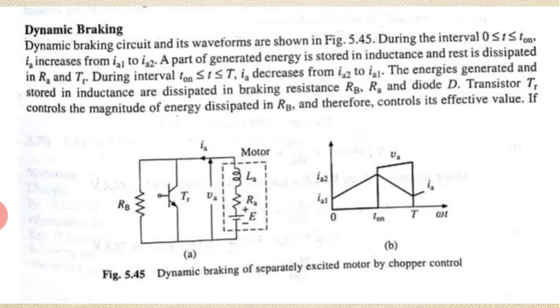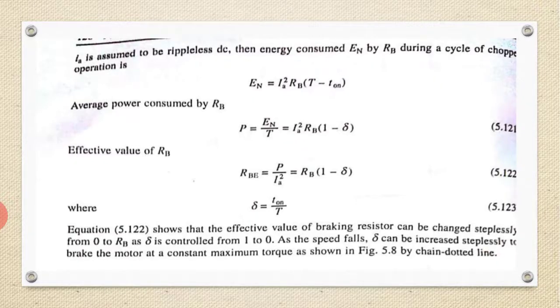Transistor TR controls the magnitude of energy dissipated in RB and therefore controls its effective value. It controls the braking operation. Here we get a few equations.